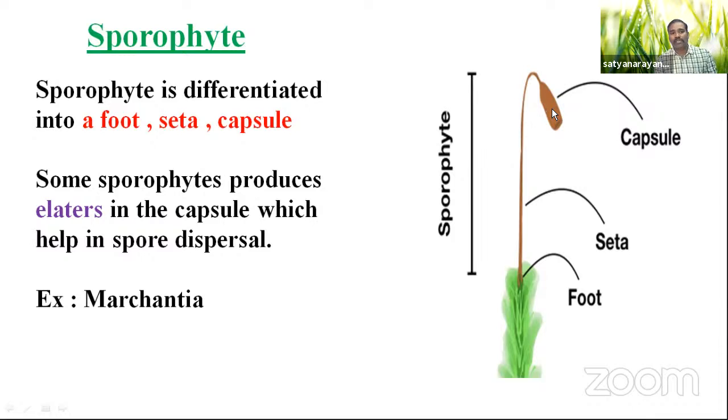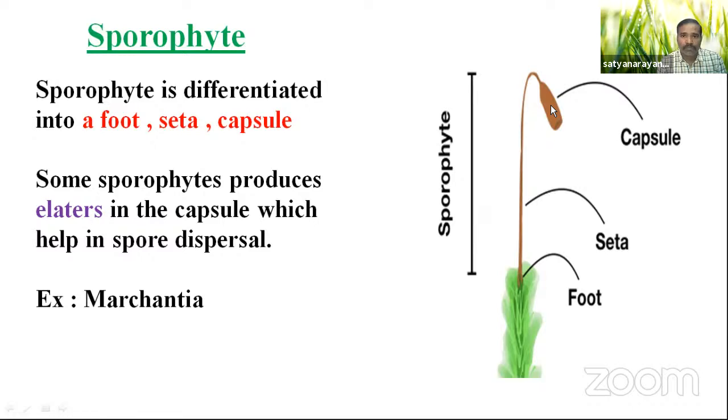Two different types of spore mother cells are present. The fertile spore mother cells produce the spores, and the infertile or sterile cells produce the elaters. Now, what are elaters? Elaters are nothing but sterile cells. So two types of cells are produced.